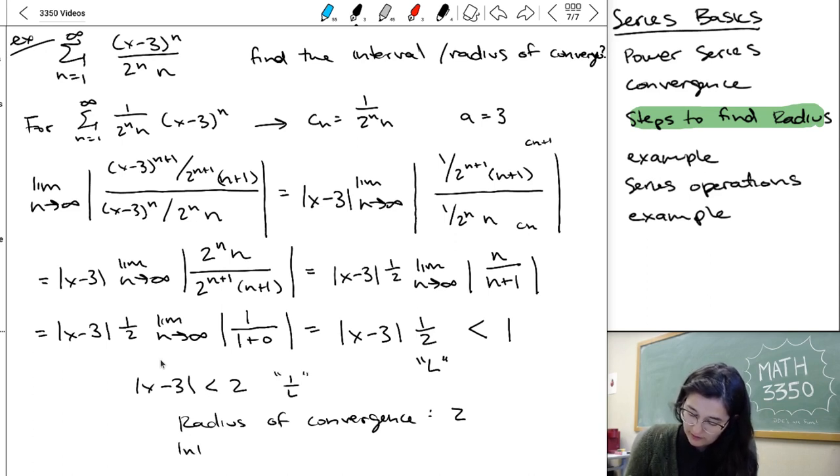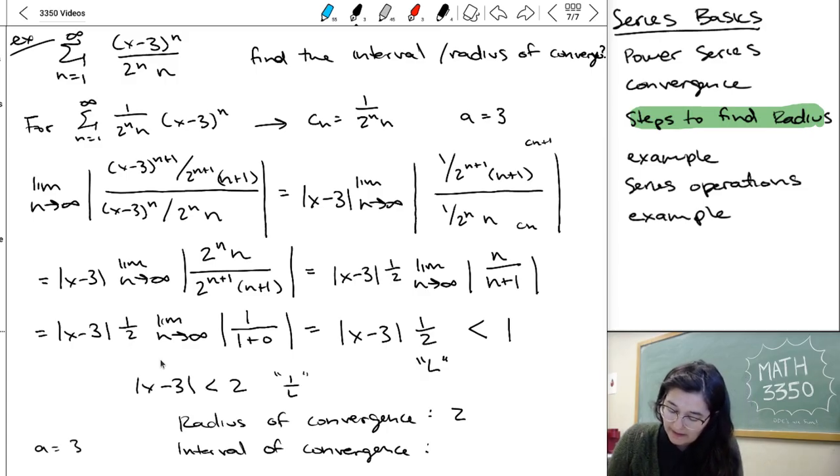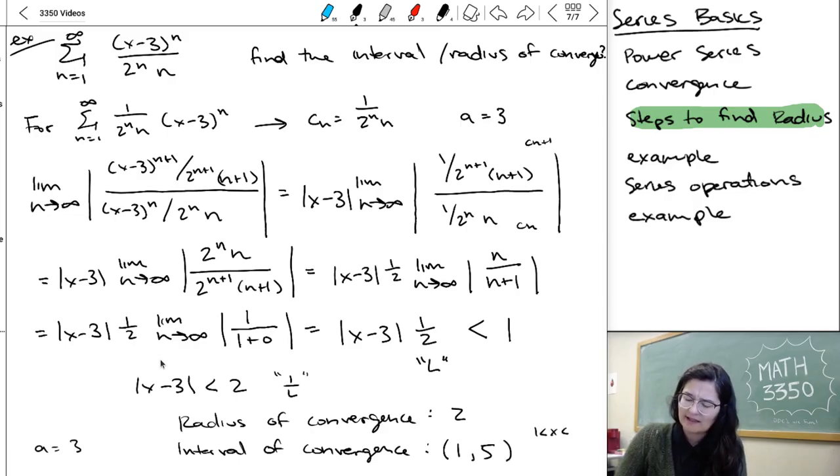And my interval of convergence for my a equals 3, remember, is I take 3 minus 2, so 1, and I do 3 plus 2, or 5. That's also 1 less than x less than 5.